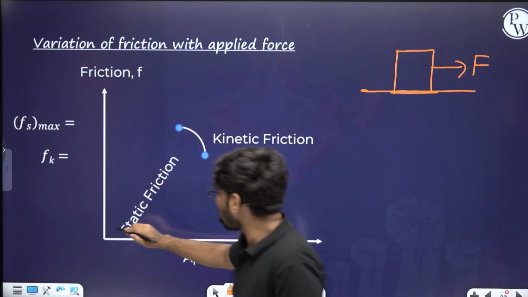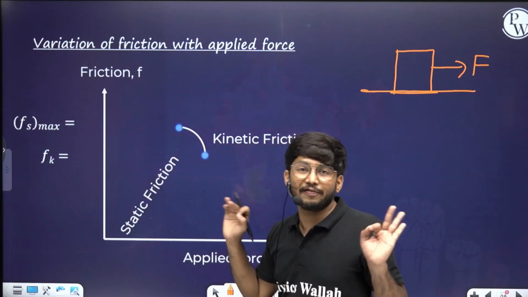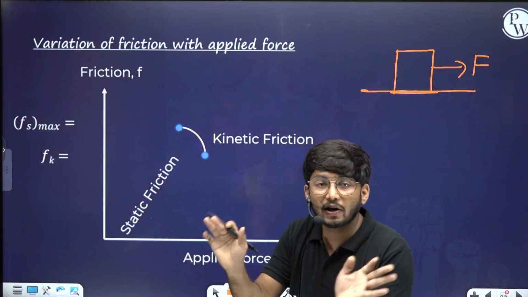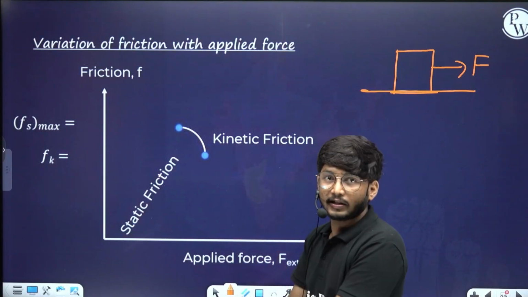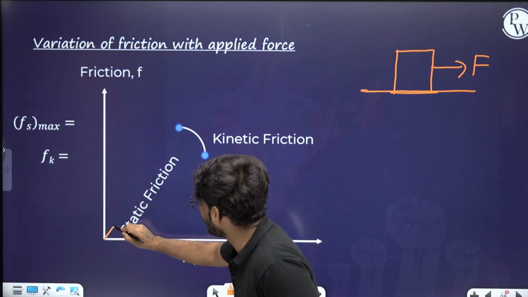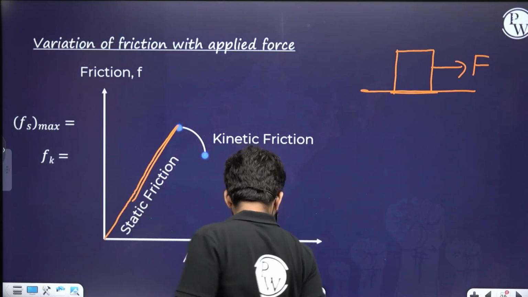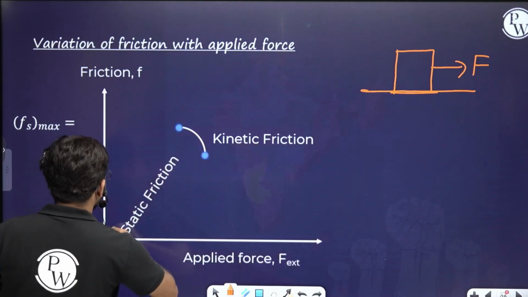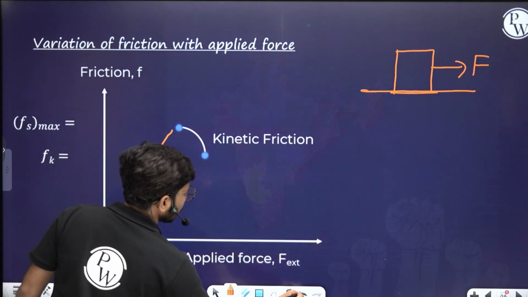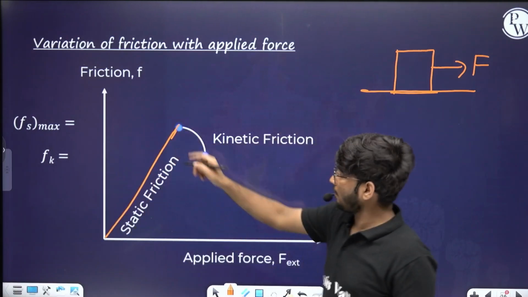But at a particular value of F external, this block will start to move, right? So I am applying F external, the block is not moving till a certain value of F external.